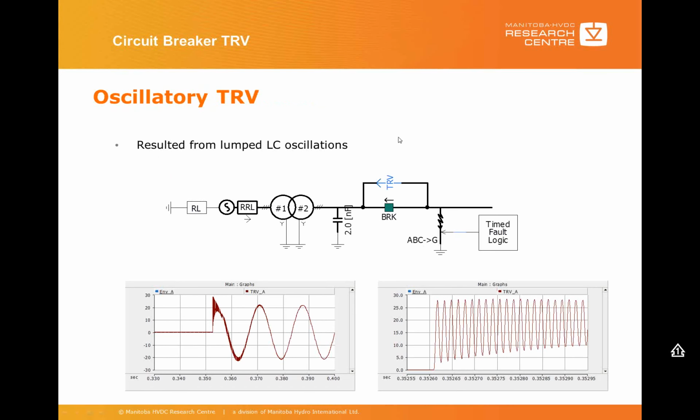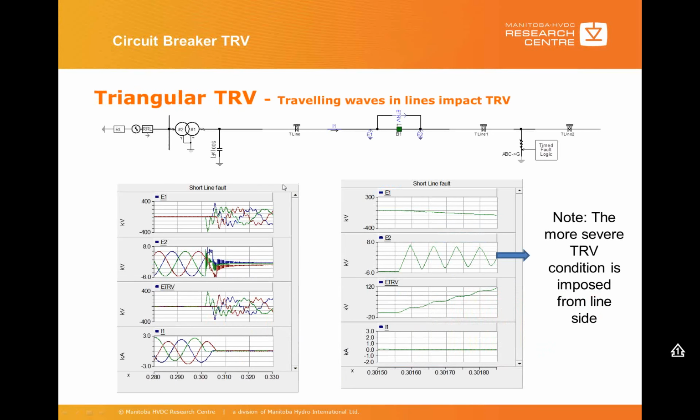There are several types of TRVs. One is the oscillatory TRV. Basically, you see the TRV measured has a nice sinusoidal waveform. This results from the energy oscillation between the L and C elements. The other one is the triangular TRV, which results from a short line fault, which has a traveling wave effect.